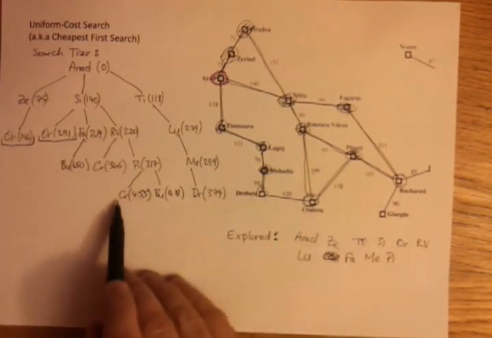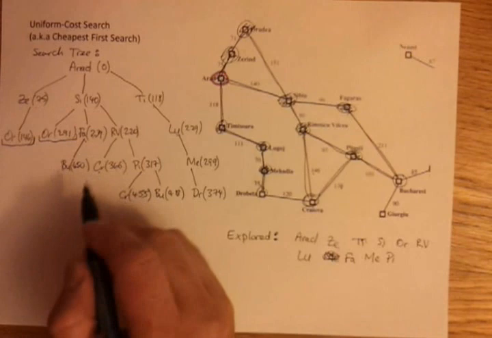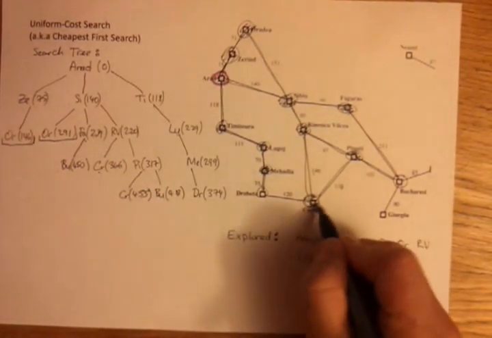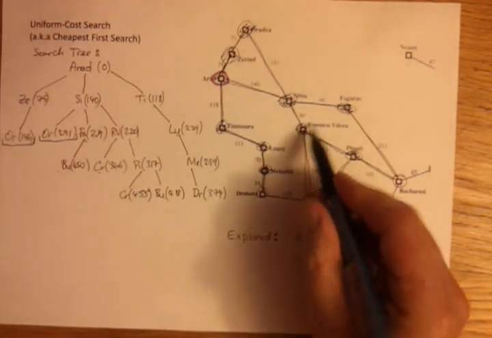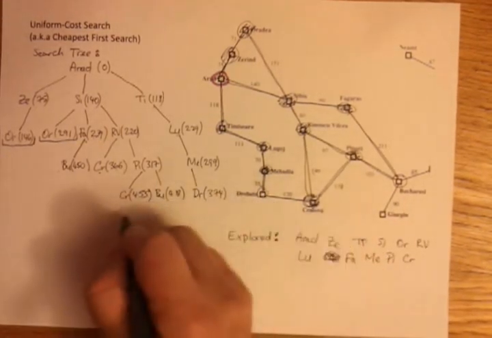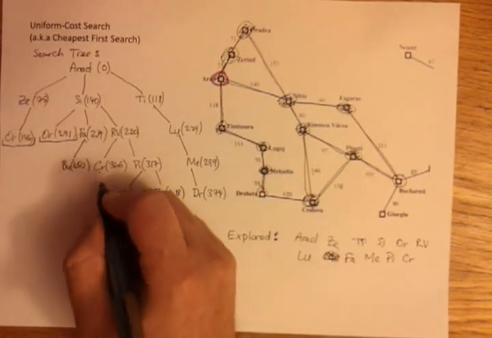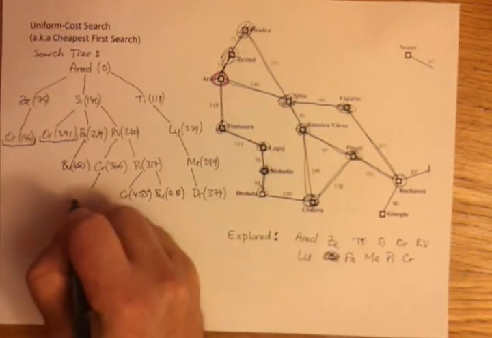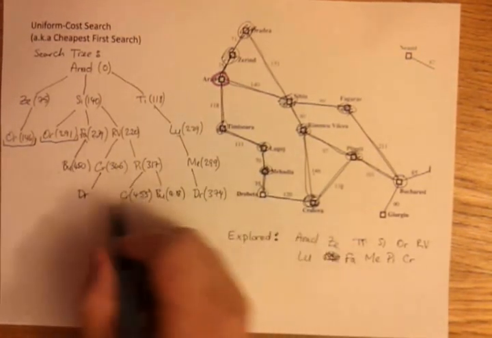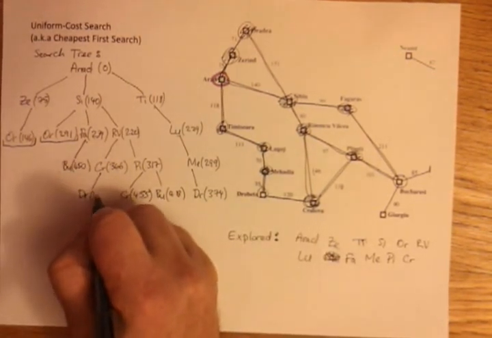Next lowest node is CR. So we expand that. Craiova. These two are already on our explored list, so the only possible next one is Drobeta, with the distance 366 plus another 120, that's 486.